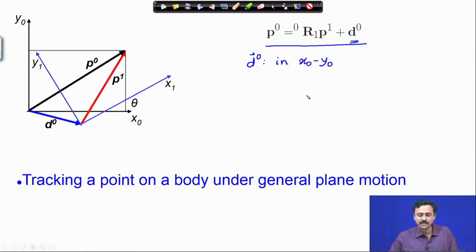D0 has been represented in frame x0 y0. Now, P1, as I have mentioned, is represented in x1 y1. So, in order to add these two vectors to find P0, I must first transform P1 to the frame x0 y0.